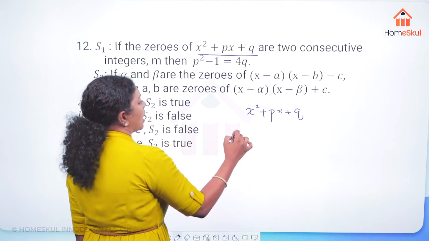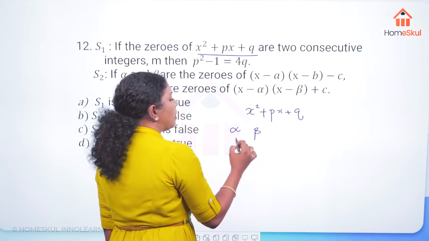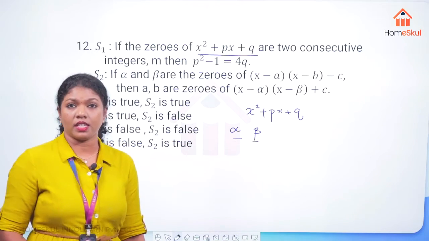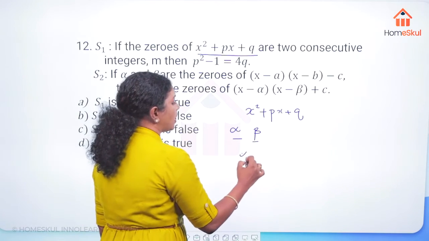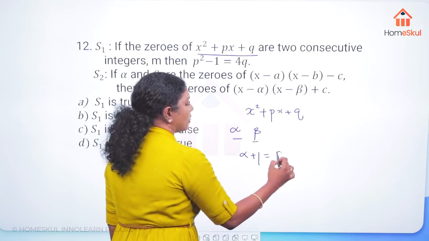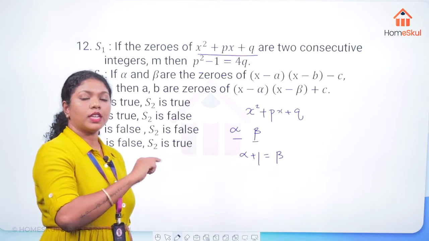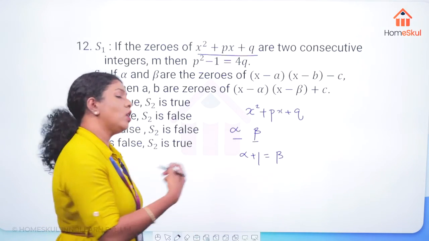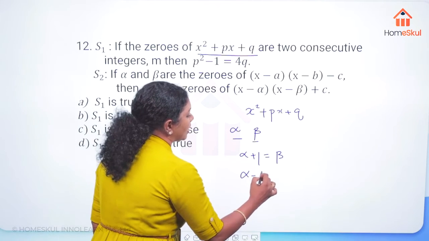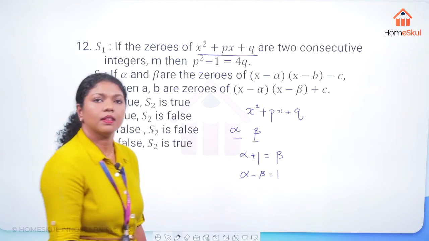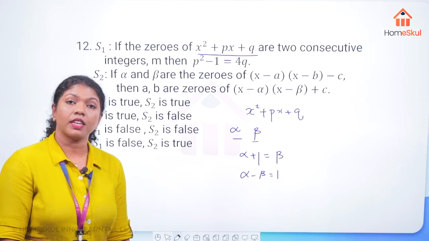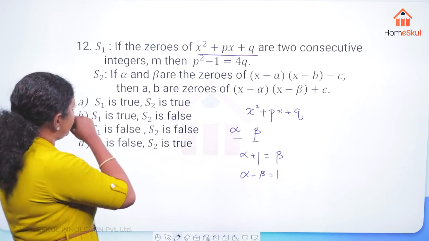If the roots are alpha and beta, but these are consecutive integers. Consecutive integers means what? Alpha plus 1 will be beta. In order to get the next integer, you just add 1. Or you can write that alpha minus beta is equal to 1. Right? Alpha minus beta is equal to 1.